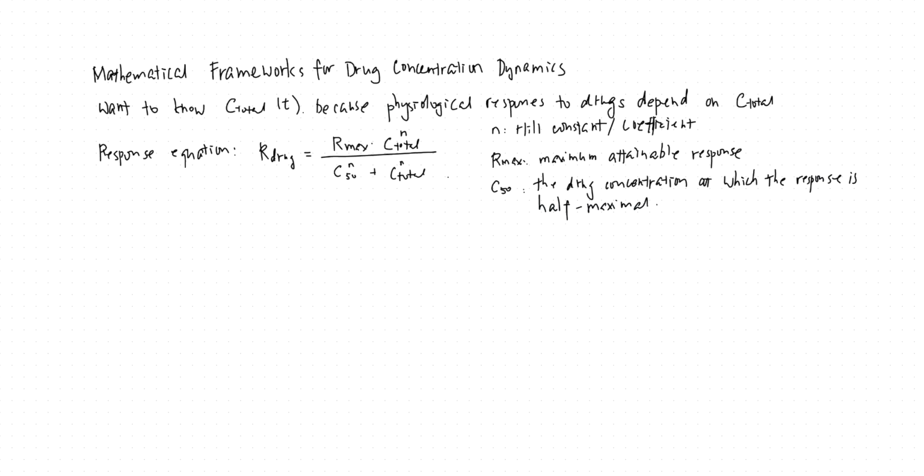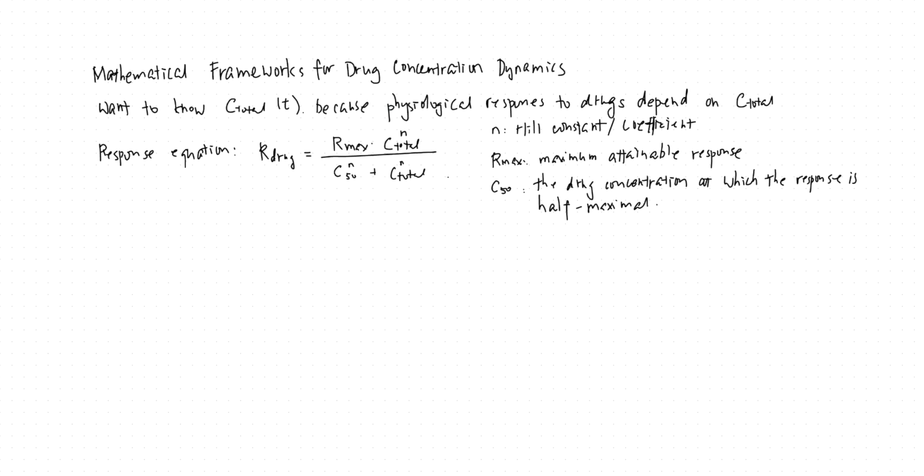So it's a ligand receptor binding model. Then you can build a chemistry model where the ligand and receptor are separated, then they form a combined form, and this process goes back and forth, and you can derive this. This is why we wanted to know C total, because it's related to the physiological response in the body.